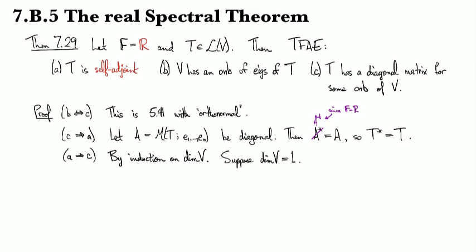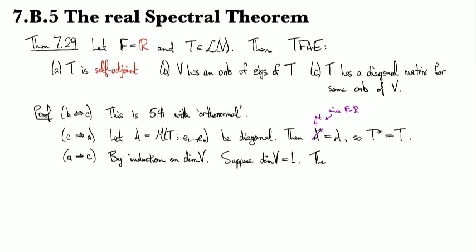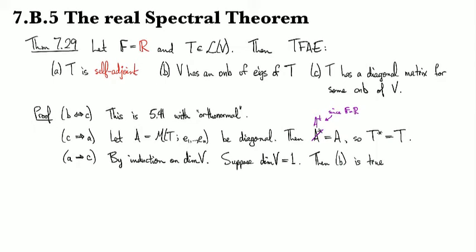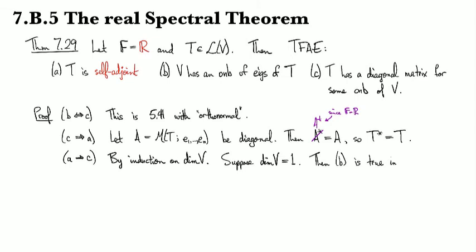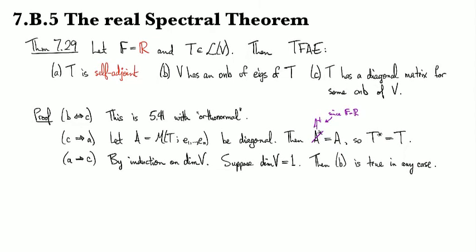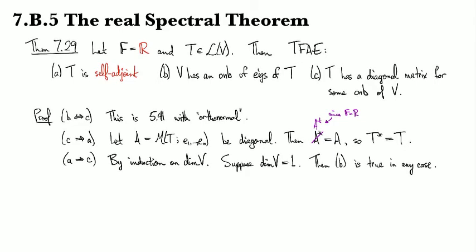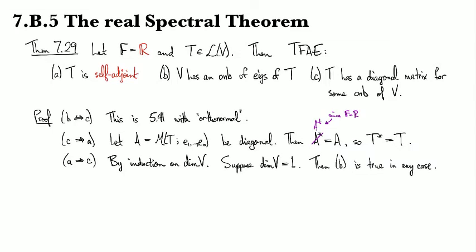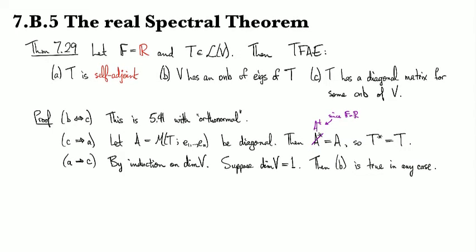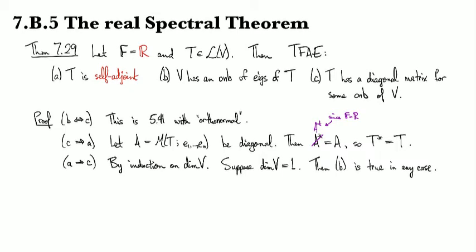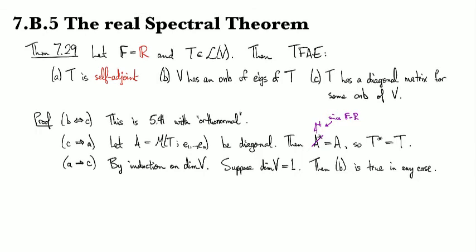So, base case. Suppose that the dimension of V is equal to 1. Then B is just true in any case. So if V has dimension 1, then you take a vector in there, and either T sends it to 0 or it sends it to a non-zero scalar multiple of itself, and either way you have an eigenvector. So the end.